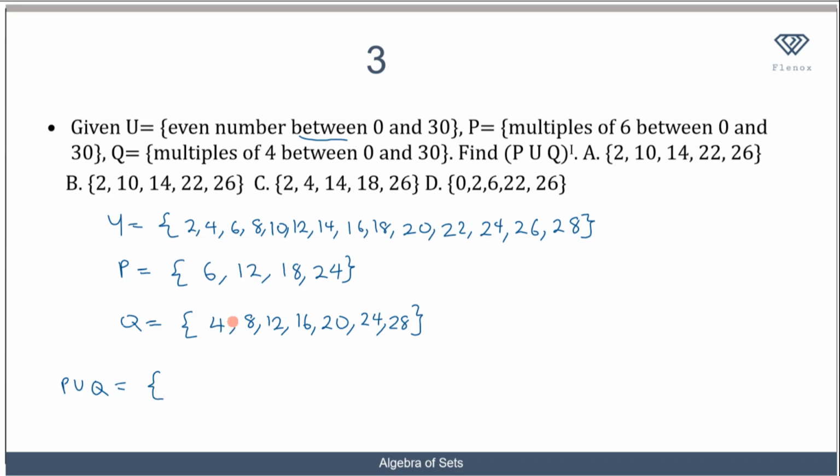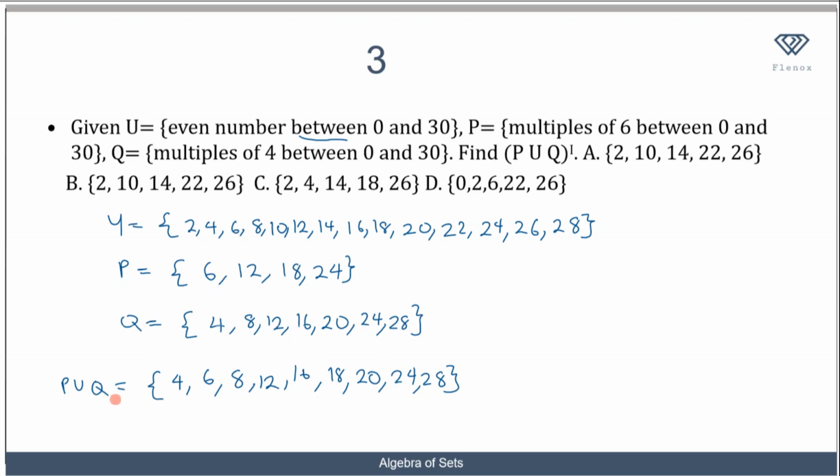It means the elements that are in P or Q. So we start out: we have a 4 here, then a 6, then 8, then 12 which is common to both, then 16, then 18, then 20, then 24 which is common to both, and we have 28. So now I have found the union of P and Q, and this set contains all the elements that are in P or Q.